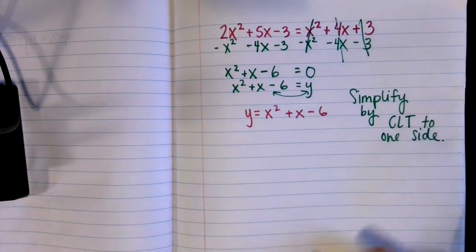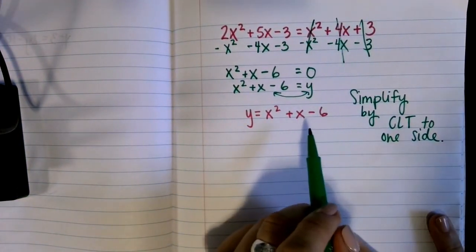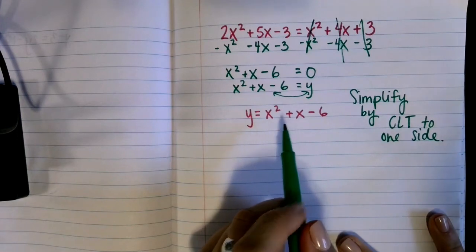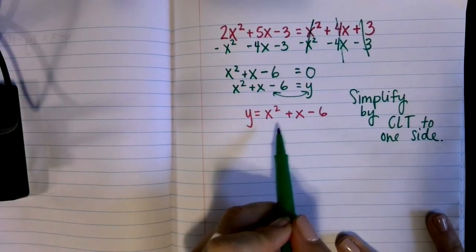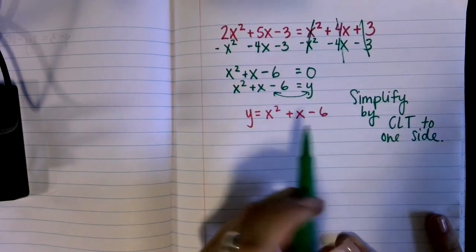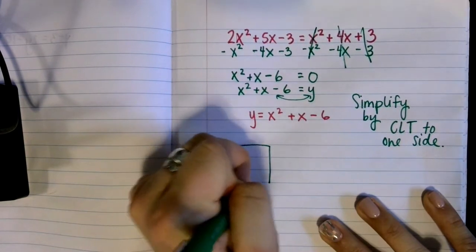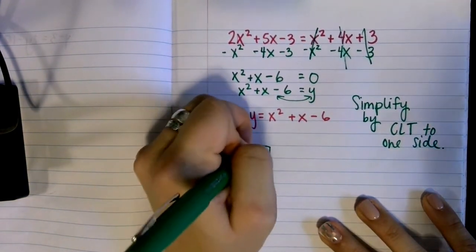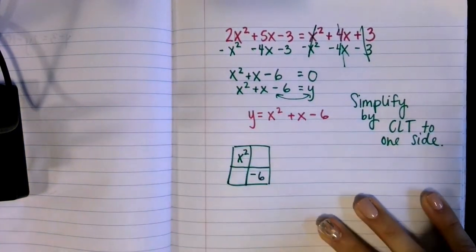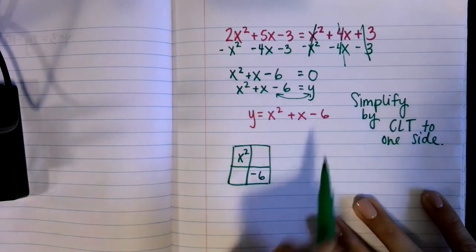So now at this step, if we wanted to graph it, we could graph it, and then we would see that our x-intercepts of this graph are the solutions, or we could factor this. So I'm going to show you how to do that here. So I'd have x squared plus x minus 6, and I need values that would multiply to 6 but add to 1.